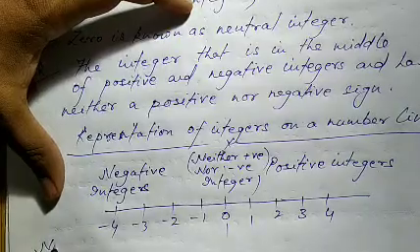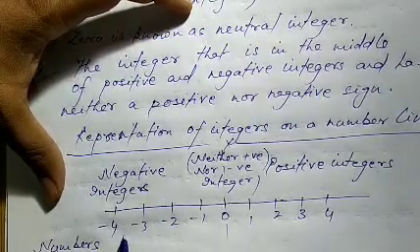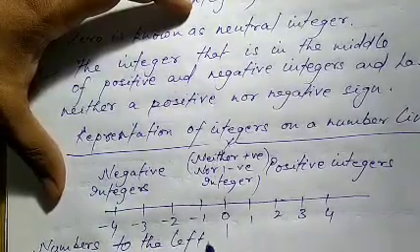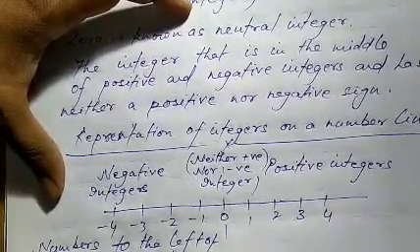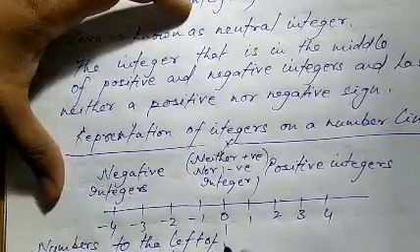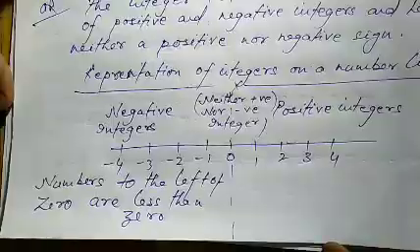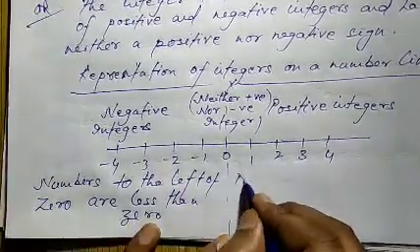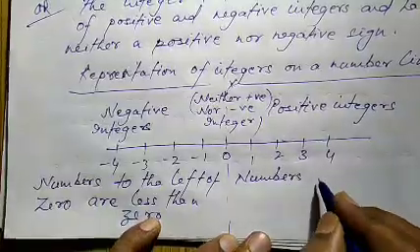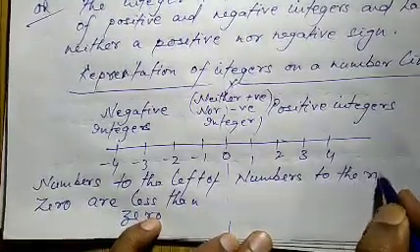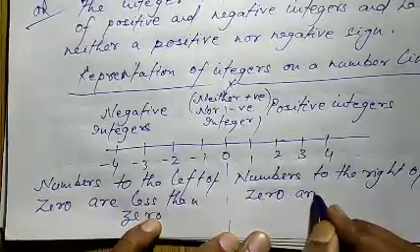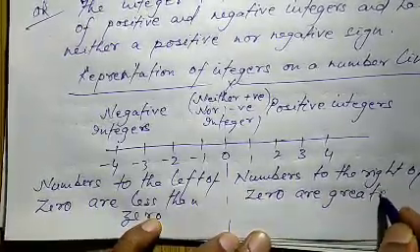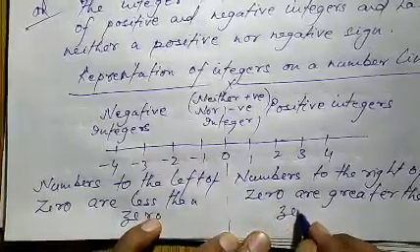So we see that numbers to the left of 0 are less than 0, and the numbers to the right of 0 are greater than 0.